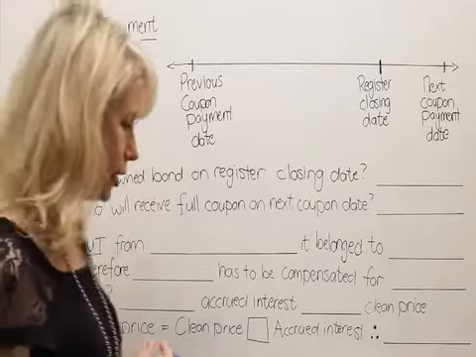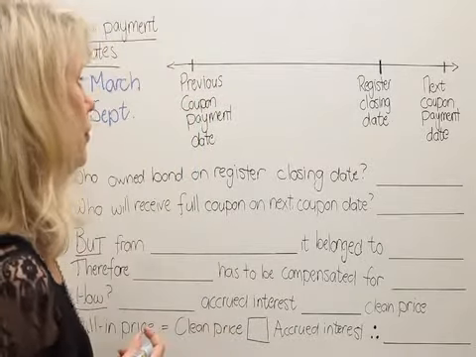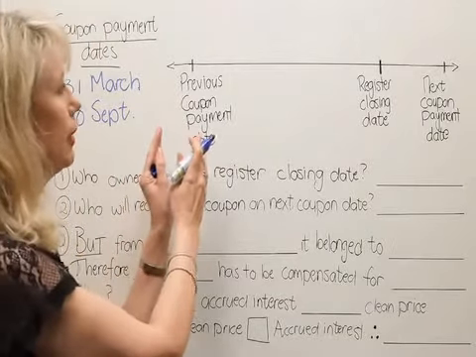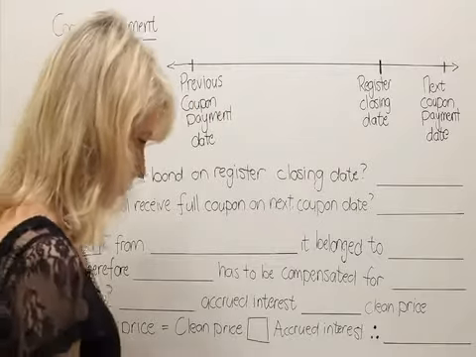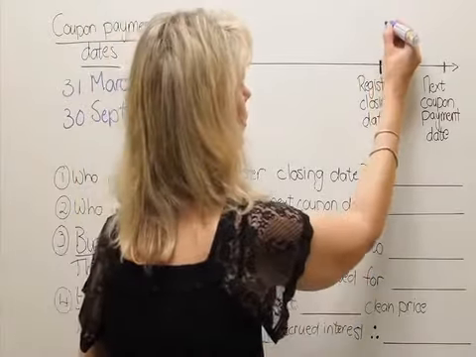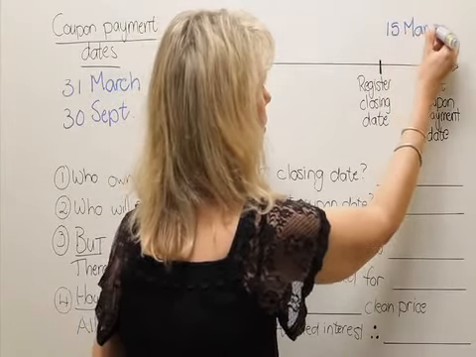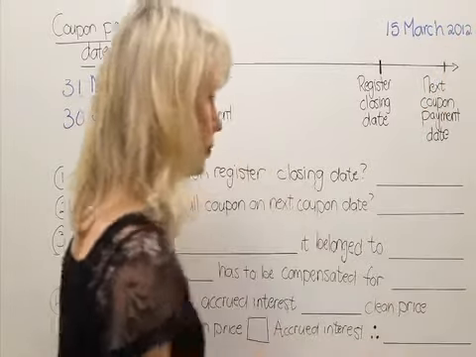Okay, the transaction date is 15 March 2012. Now we have to decide what will be the previous coupon payment date and what will be the next coupon payment date. The date we are looking at is 15 March 2012.